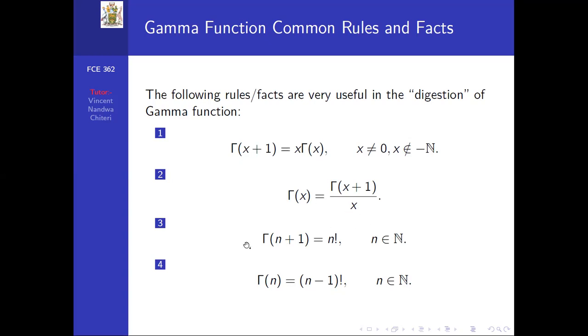And also gamma of n plus 1 can be expressed in terms of a factorial function, which is the same as n factorial, or gamma of n is the same as n minus 1 factorial. These formulas can easily be proven, and the results are very useful in simplification of gamma functions.